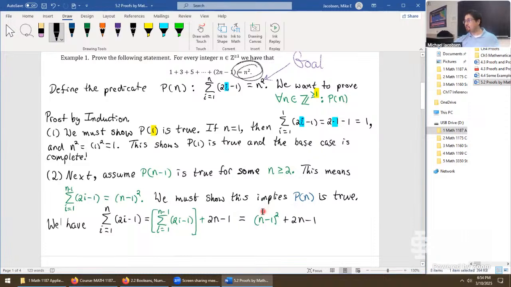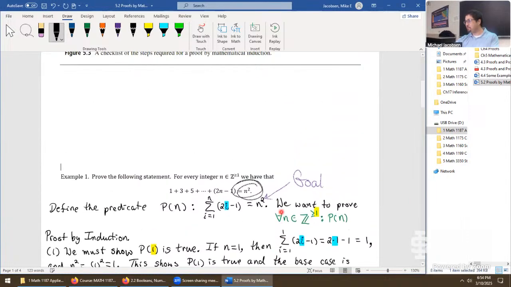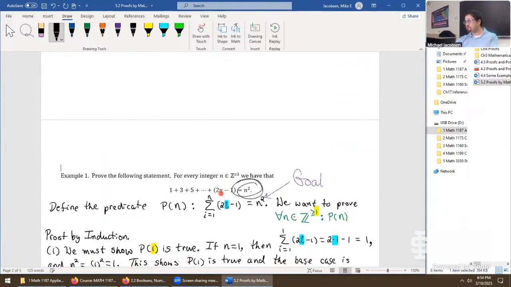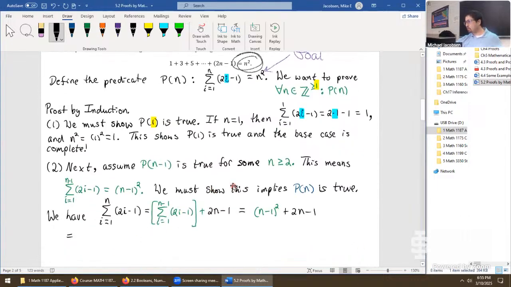Now, if we can expand this out, do some algebra, always keeping in mind the target, trying to get n squared, we'll see if we got close, if we missed something in this proof. So next line. At this point, I think we need to carry this to the next page. So let's expand out the n minus 1 squared to get n squared minus 2n plus 1.